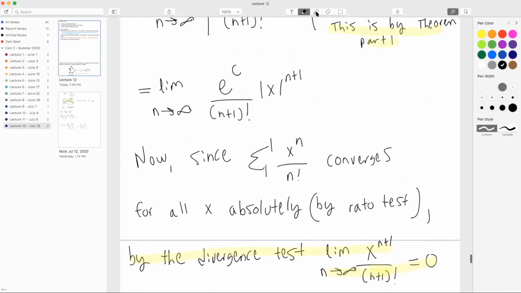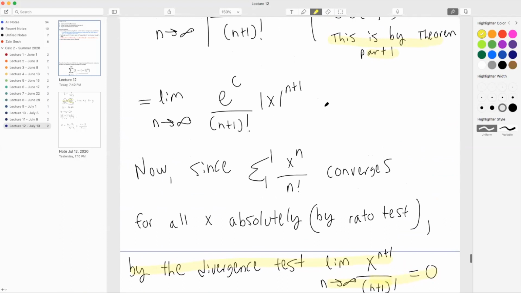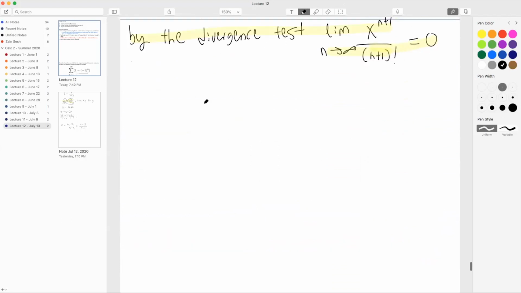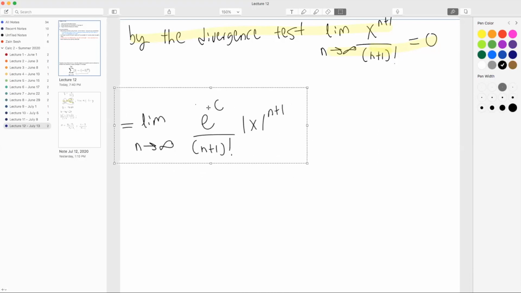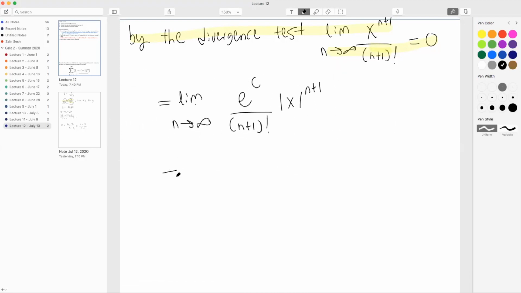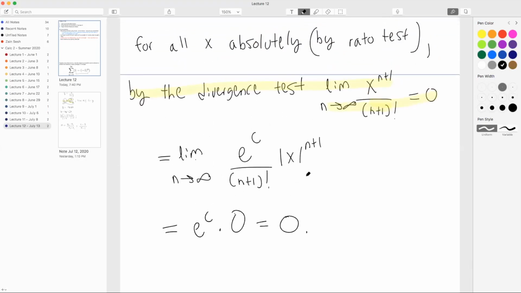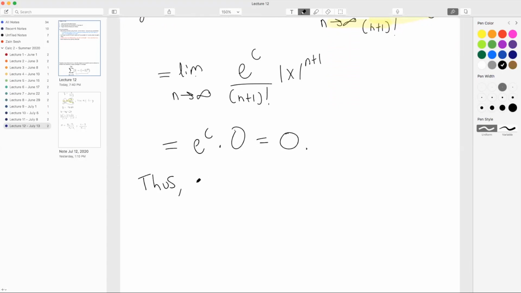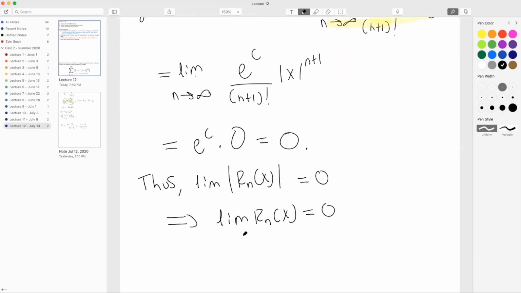So we're done actually. By that note, this last thing on the equal sign is 0. So let me just copy it down. Okay, so we know that this thing is exactly e to the c times 0, which is 0. And we're done. So thus, the limit of the absolute value of r sub n of x is 0, which implies that the limit of r sub n of x without the absolute value is 0.